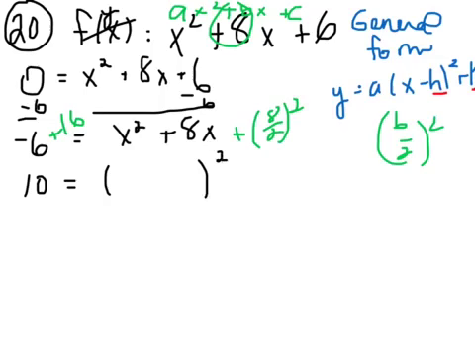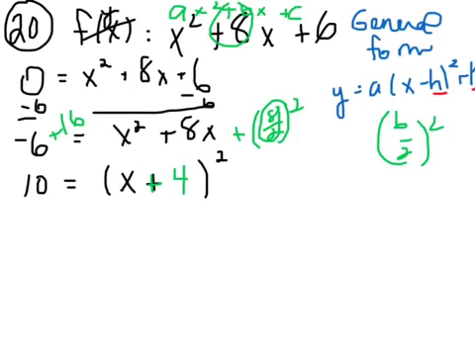When I've added this b over 2 squared to each side, what I have created is x plus, and it is going to be plus in this case, whatever's inside the parentheses. 8 divided by 2 is a positive 4, so I'm going to have a positive 4 over here. If it had been negative 8 over 2, I would have had an x minus 4 instead of the plus 4. So whatever's in that parentheses, the b divided by 2 is what is your perfect square.